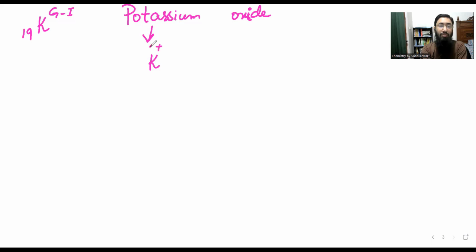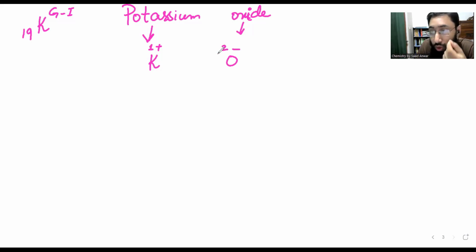Excellent. So would it be KO? The oxide has minus 2. But when we combine potassium and oxide, we don't need to write the charge.